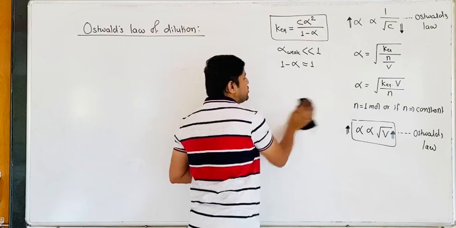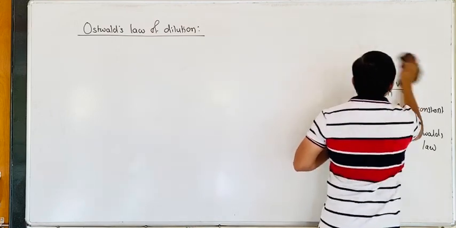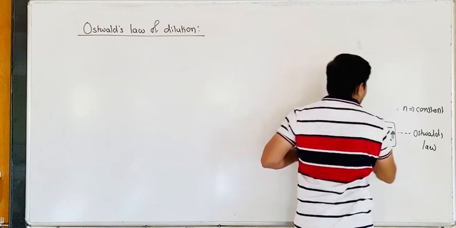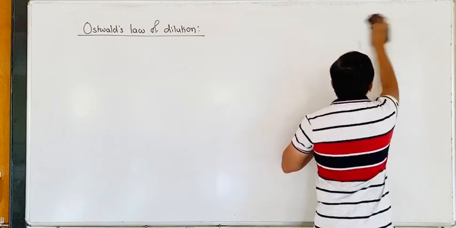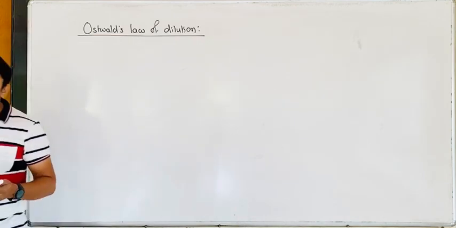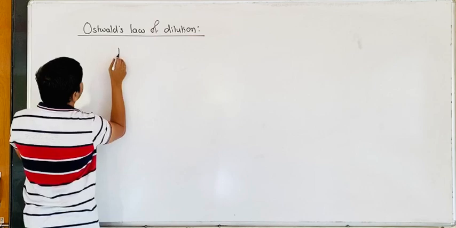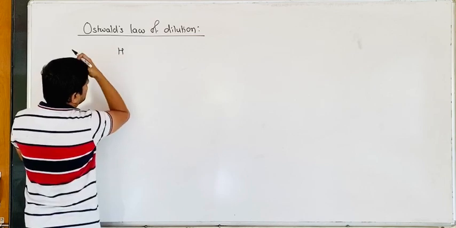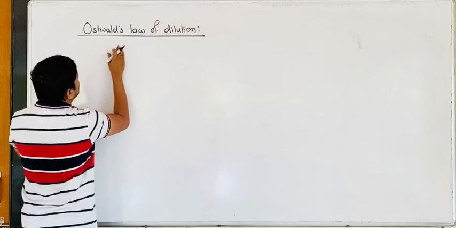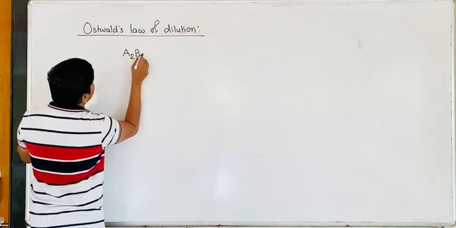Now, if we change the stoichiometry, the formula of K equilibrium will also be changed. Let's consider salt A2B.